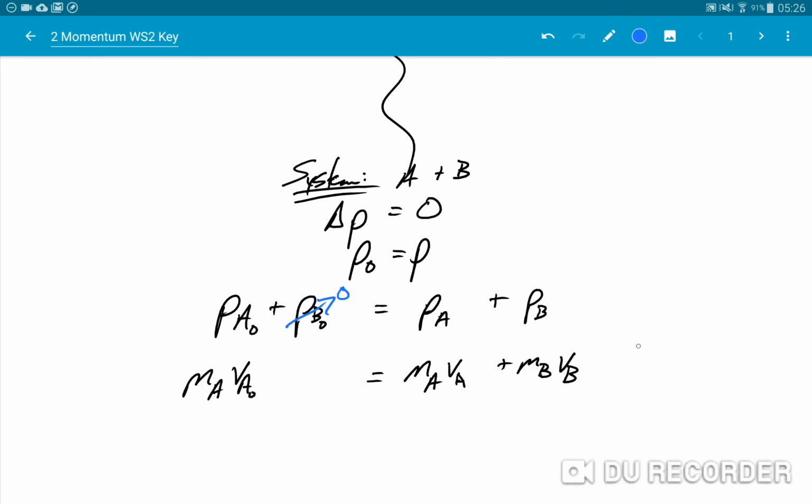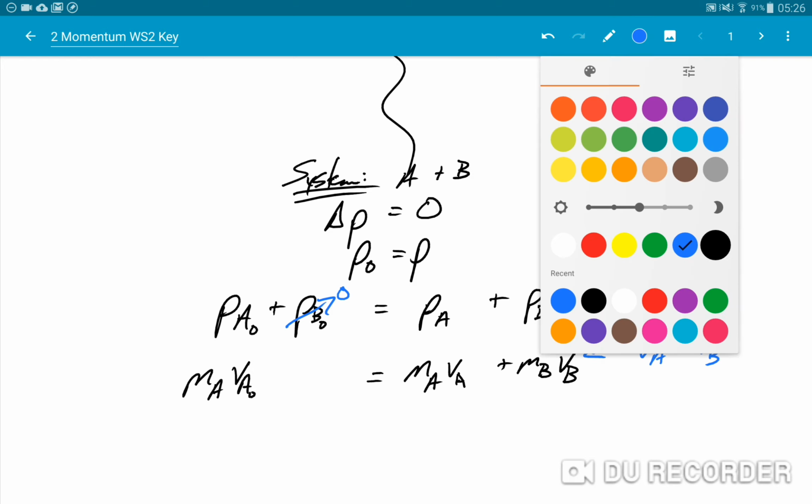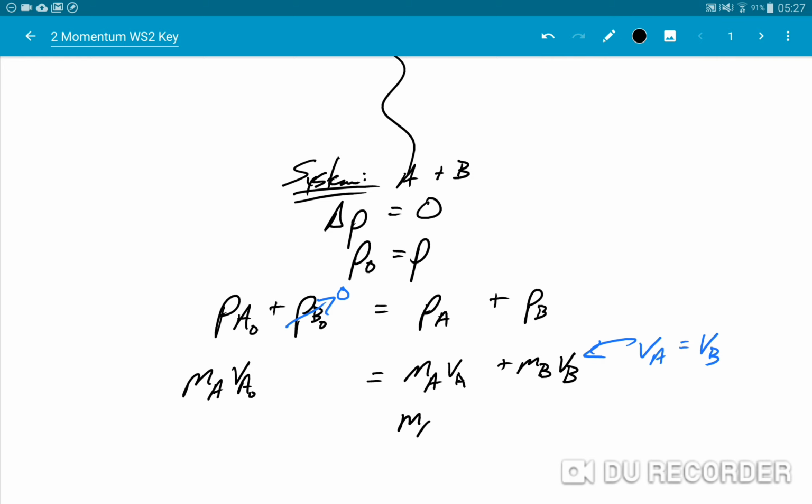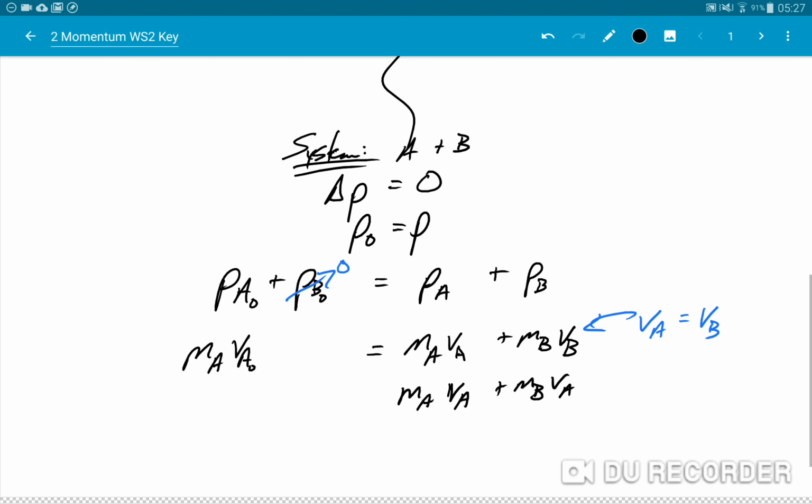Now, because they're moving together, the velocity of car A has got to equal the velocity of car B. If I know that, then I can put that in. And when I do that, I have the mass of A times the velocity of A plus the mass of B times the velocity of A, using our blue equation there.